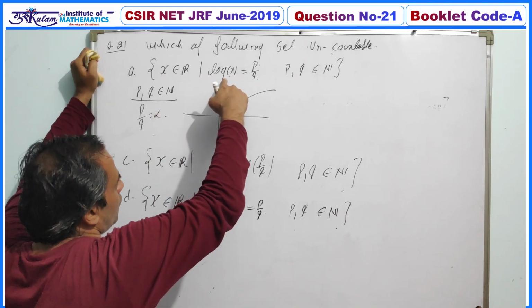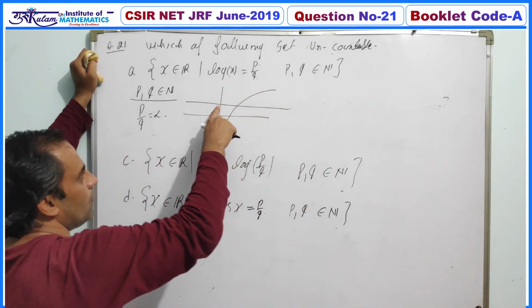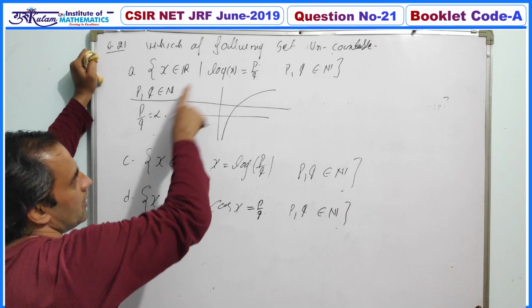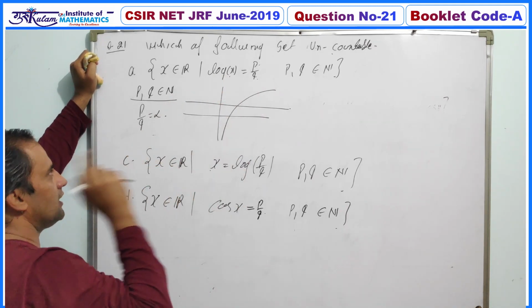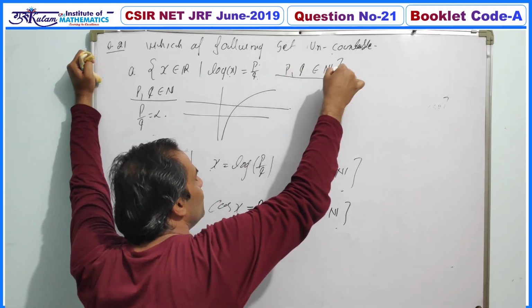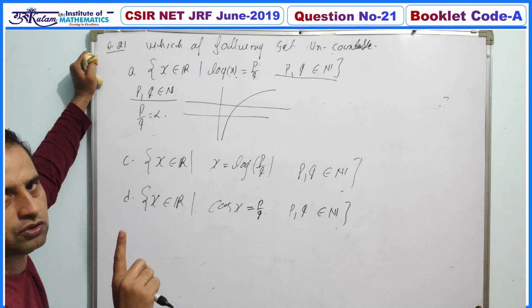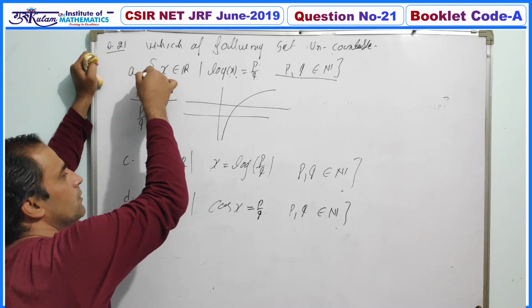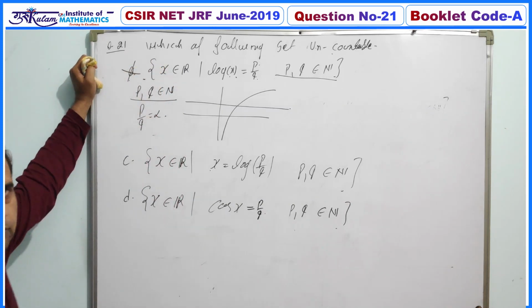Alpha is always positive, so the graph of log x intersects this curve exactly once. That is, for every p and q the number of solutions for this equation is exactly one, and the choices for p and q are countable, hence this set must be a countable set. So your first option is definitely a false option.